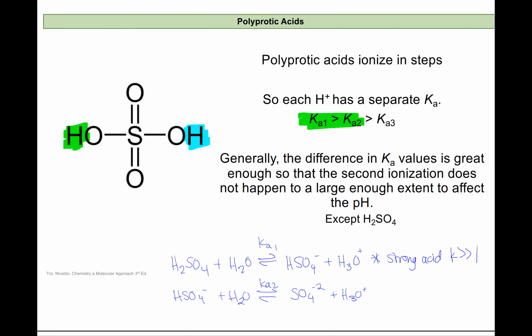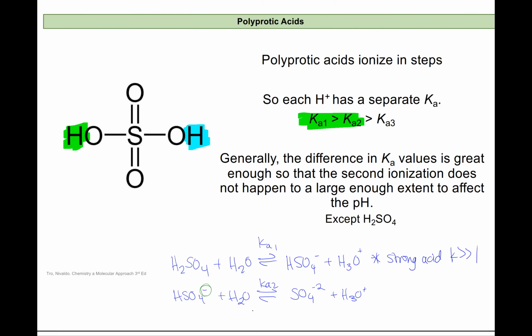This is because we already have a charged ion when we have HSO4 minus, and so forming a -2 charge, something that has a larger magnitude, will be less favorable. And so we just see a smaller equilibrium constant for this reaction.